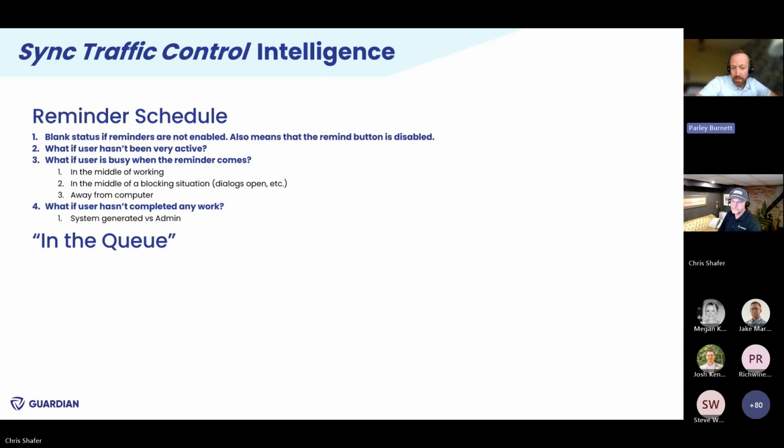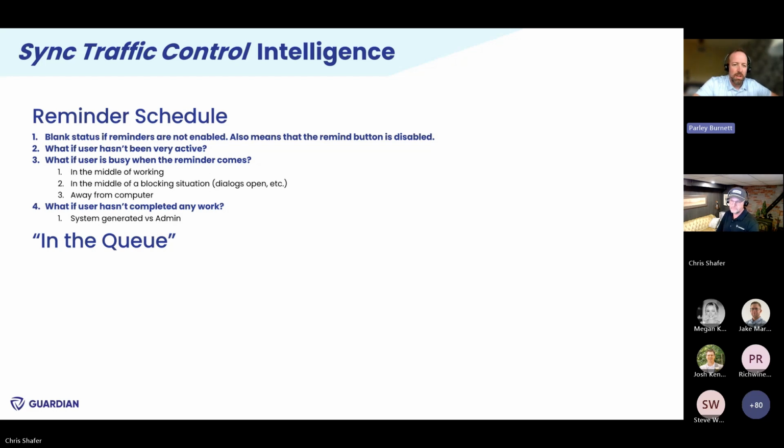If they're in kind of a blocking situation, like a dialog is opened or they're in the middle of a command, basically that reminder is not able to appear. And so for other users, and looking at the Project Central status column, that user would appear as being blocked.